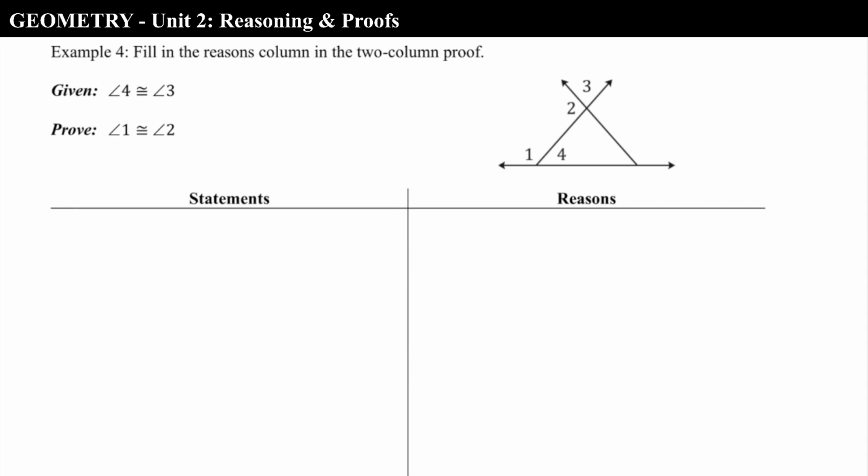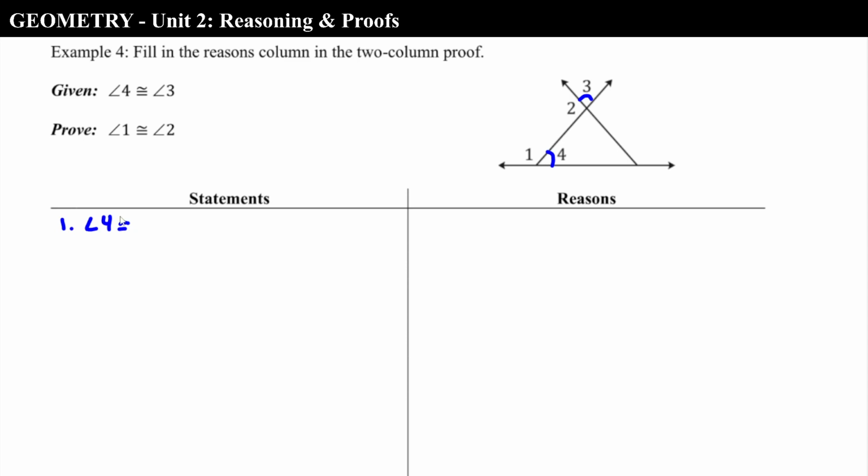So for example 4, we're going to fill in the reasons column in this two-column proof. Given that angle 4 is congruent to angle 3, we are going to prove that angle 1 and angle 2 are congruent. As always, you're going to start with what you're given.